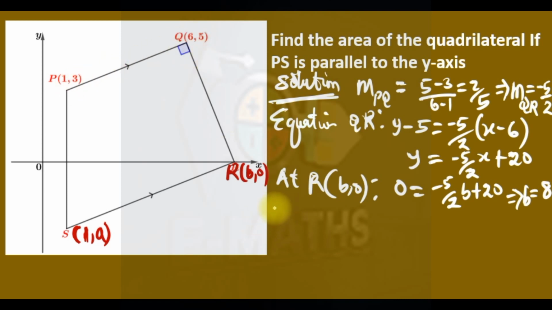So the equation of RS is y minus y1, which is 0, equal to the slope, which is the same as the slope of PQ, 2 over 5.